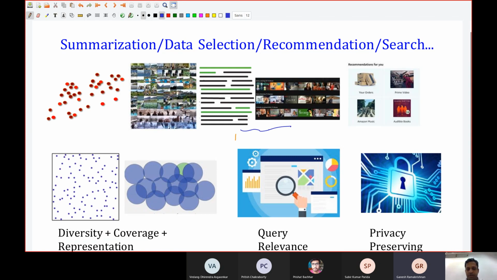So if you want to retrieve this, you could measure the mutual information I of the set A, let's call it A, comma Q, where Q is, let's say, a query being passed.